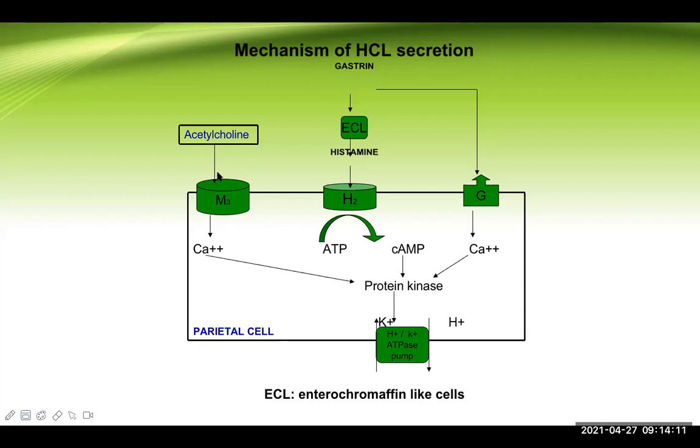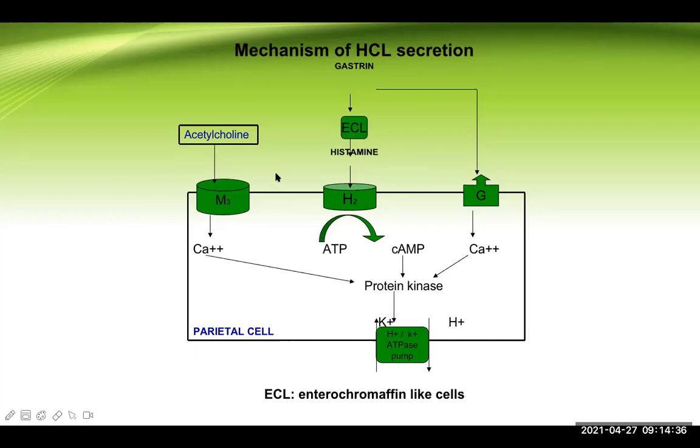M3 type receptors are present here, where acetylcholine will act. This is the H2 receptor, where histamine will act, and this is the gastrin receptor, where gastrin will act. So: M3 receptor for acetylcholine, H2 receptor for histamine, and the G receptor for gastrin.